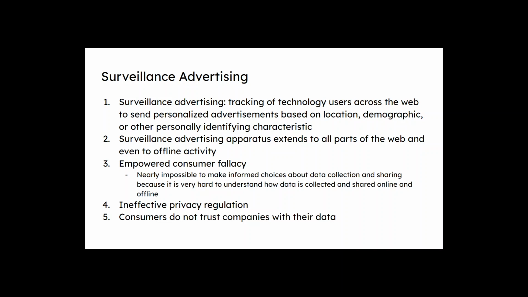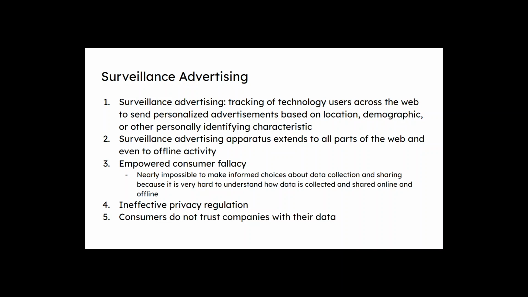Once again, going back to the notice and consent procedure, current regulation doesn't really provide strong protections for an individual's privacy. And the last point: most consumers don't trust companies with their data, which goes back to the empowered consumer fallacy.